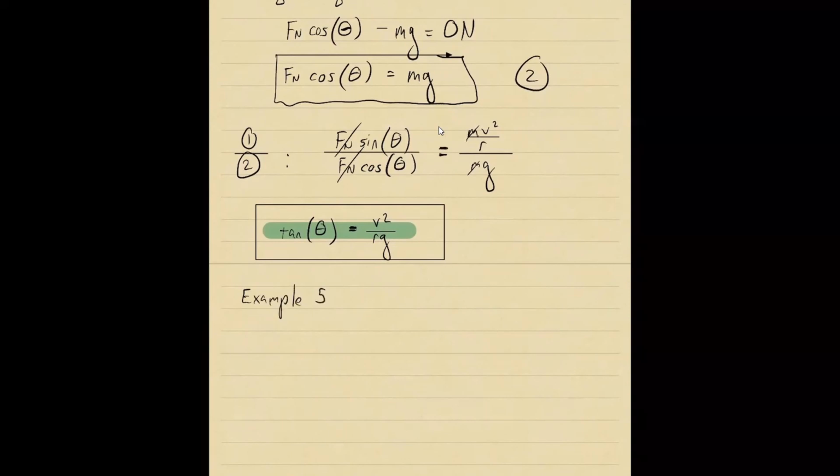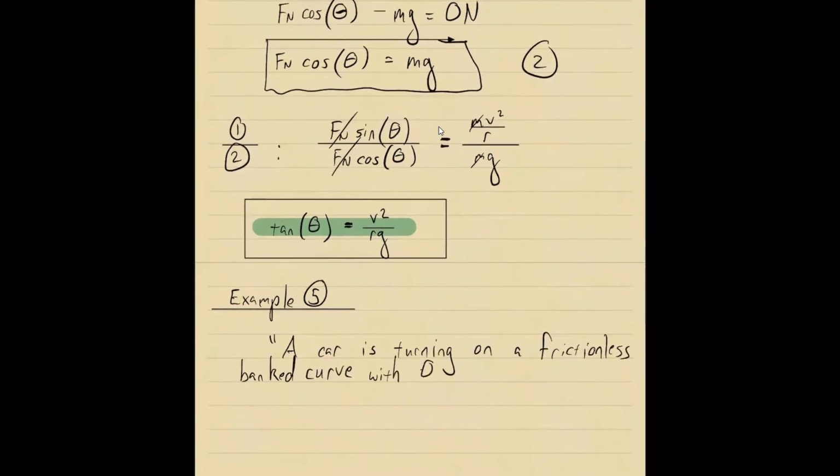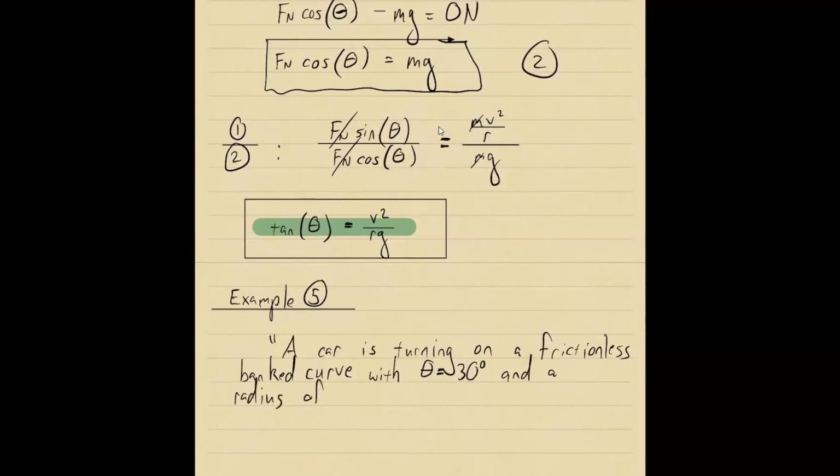So example 5 says that a car is turning on a frictionless banked curve, with an inclined angle of theta equal to 30 degrees and a radius of 5 meters.